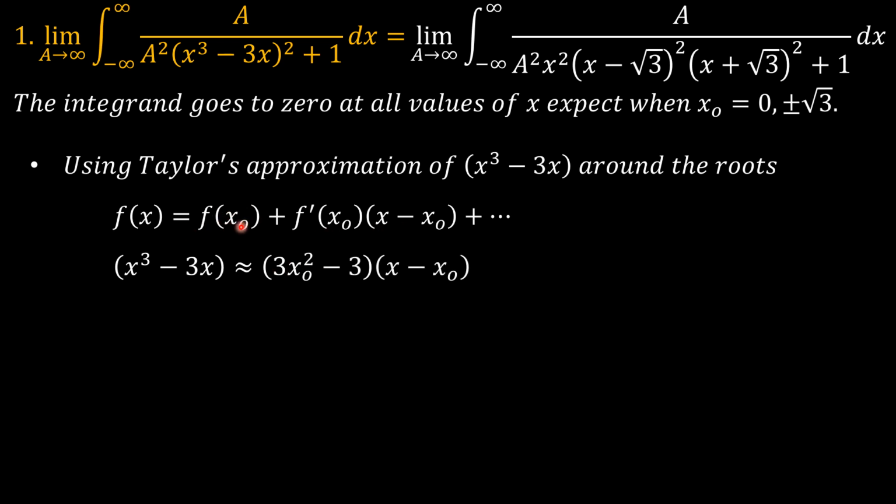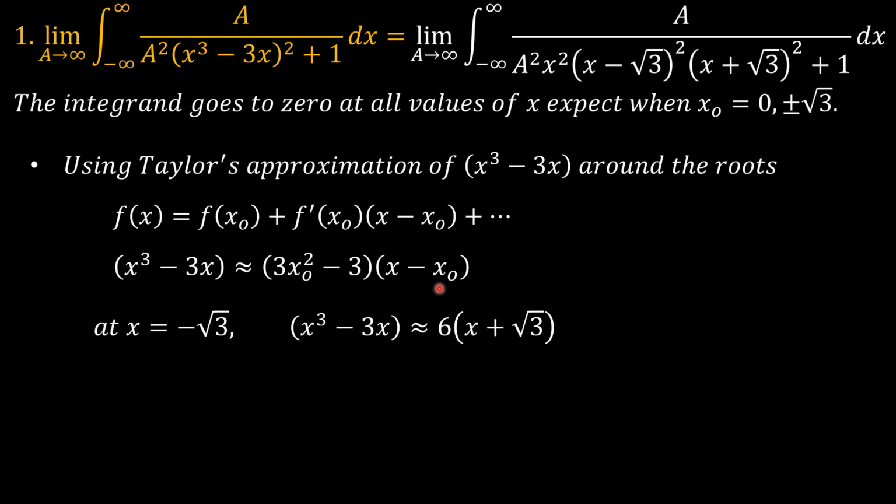Since f(x naught) is going to be equal to 0 at those points, the first approximation here is going to be 3x naught squared minus 3, times (x minus x naught). So at x equals negative root 3, using this, it's 3 times negative root 3 squared, which is 3 times 3, which is 9, minus 3, which is going to be 6.